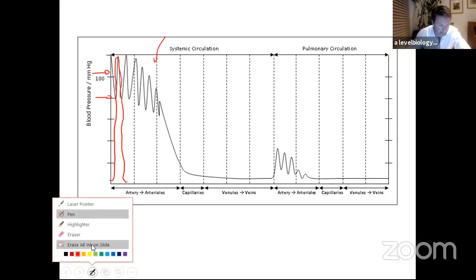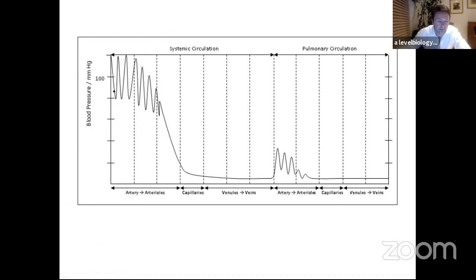I'll just clear that off. Now, as you go along, the aorta then splits into arteries and then into arterioles. And it's going into more and more tubes, which are narrower and narrower and narrower tubes. But there's more and more of them.